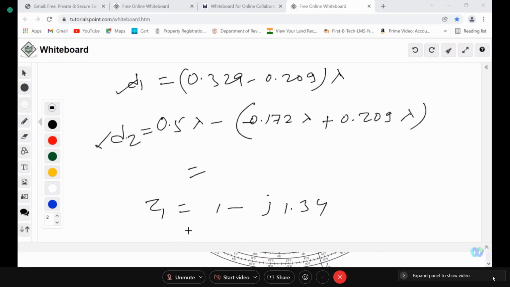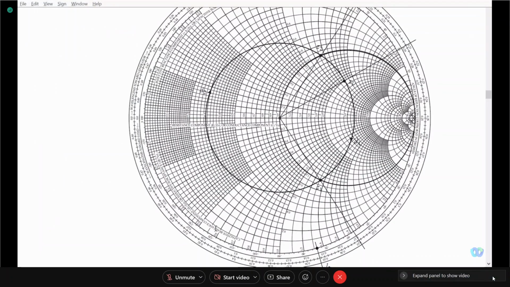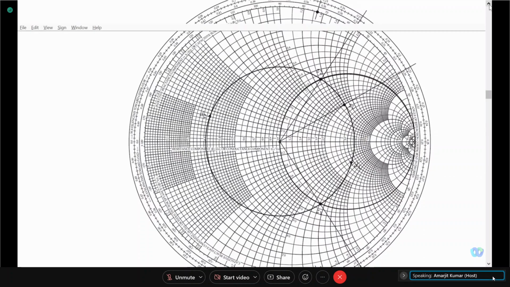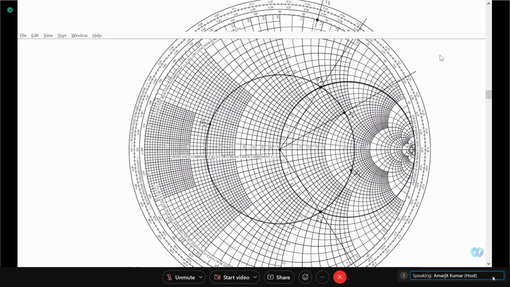So Z1 is this. And what will be Z2? You can write for the second solution. So Z2 will be equal to 1 plus J 1.3, 1.33 we can take, or 1.34 we can take.